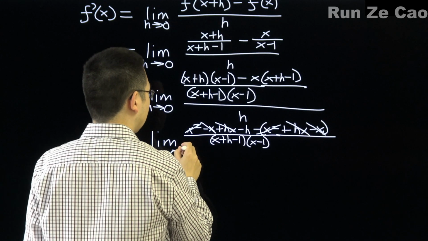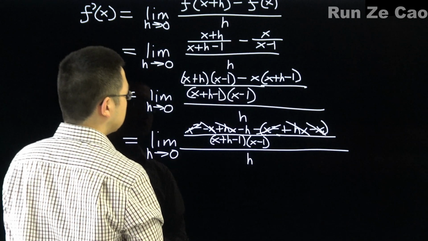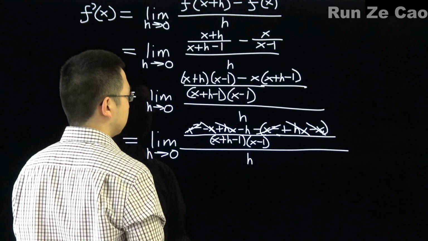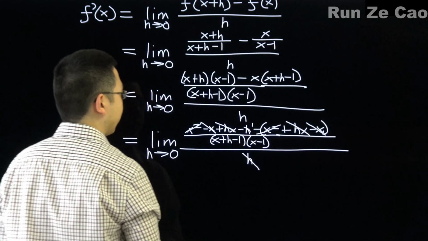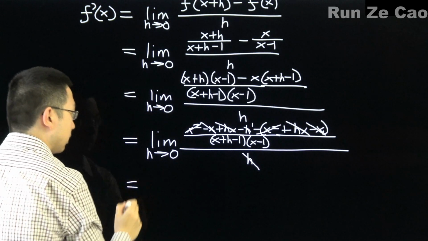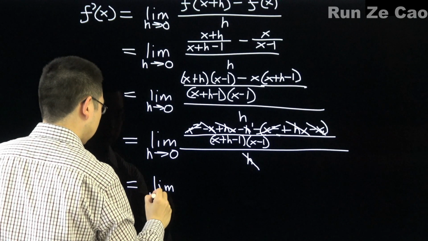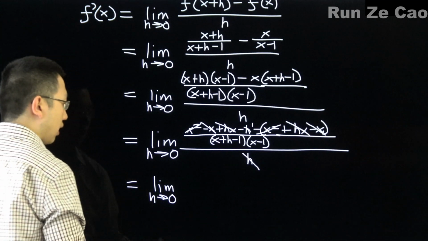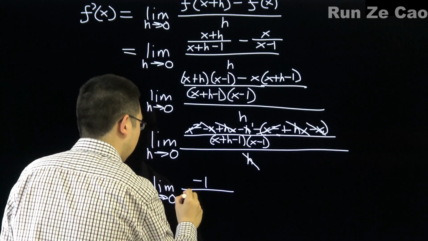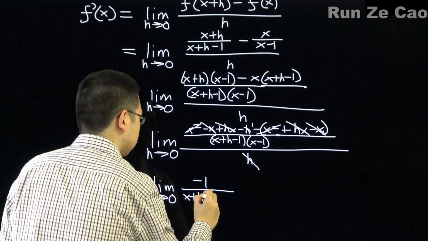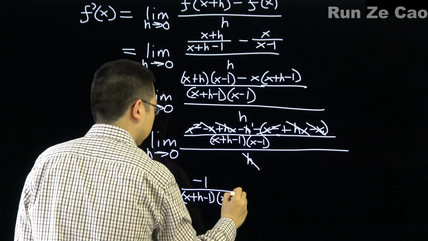And this is all over h. So what happens there? Well, we can divide. And this becomes 1. So we end up with the limit as h approaches 0 of negative 1 over x plus h minus 1 times x minus 1.